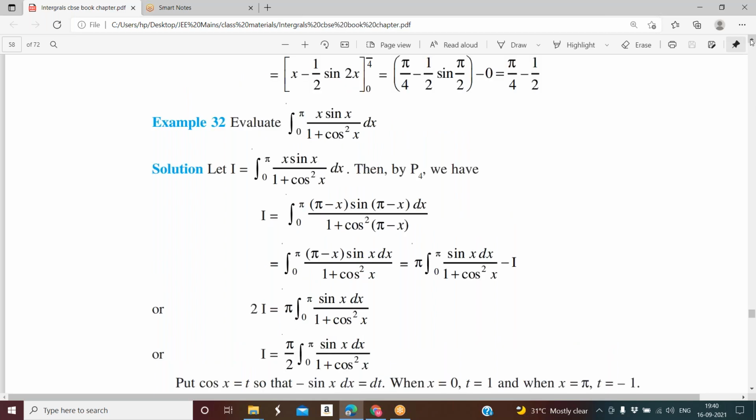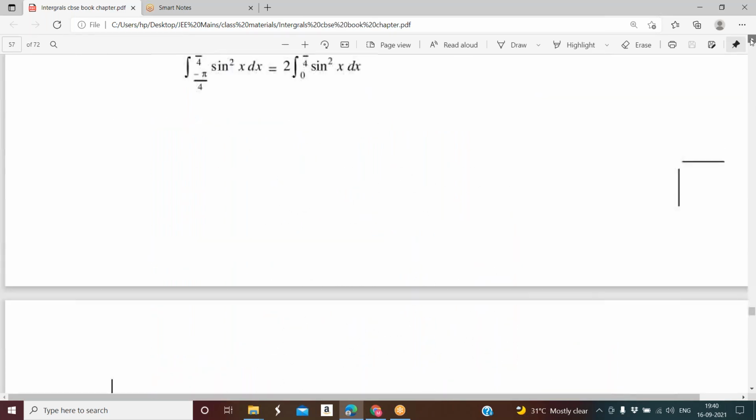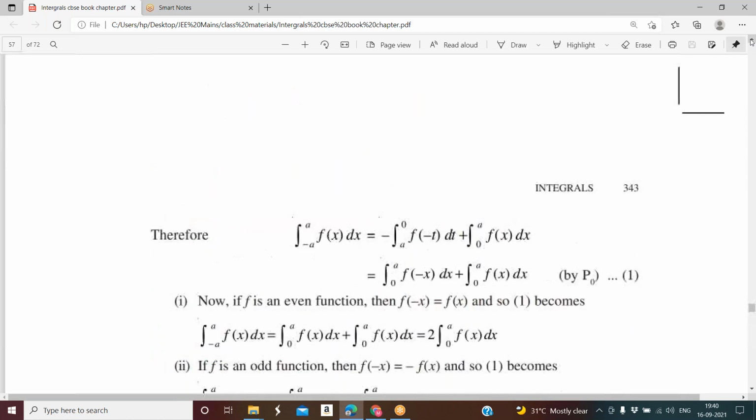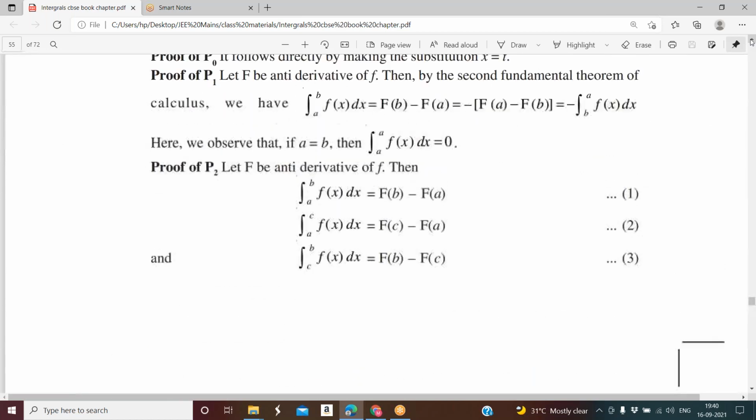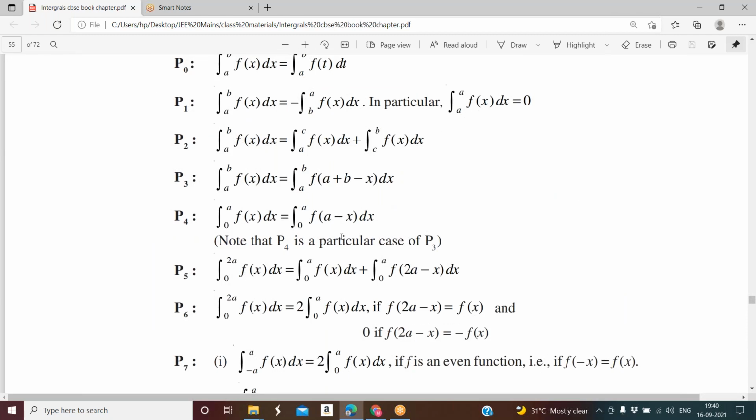Here I am going to use the property number 4. What is property 4? Property 4 says integral 0 to a f of x dx is integral 0 to a f of a minus x dx. Here we can use this property.